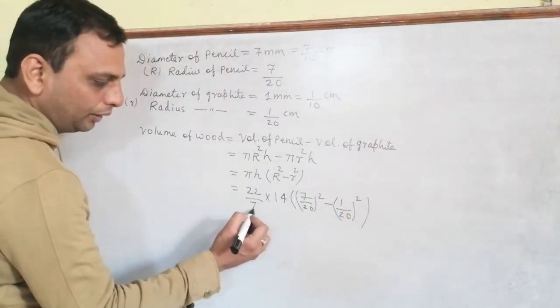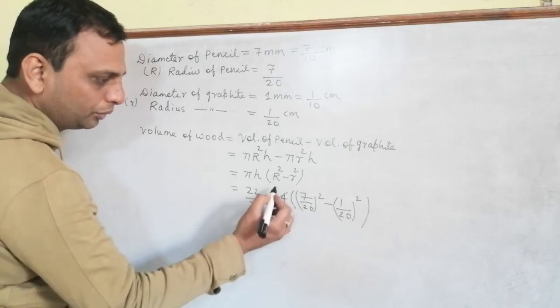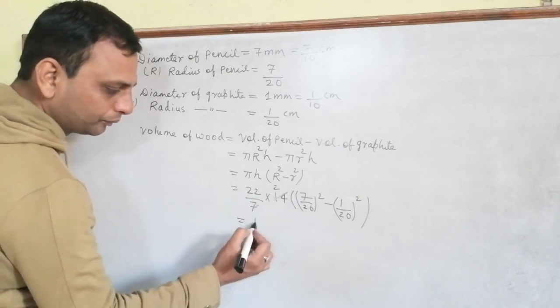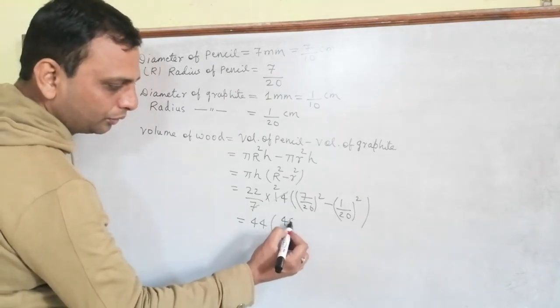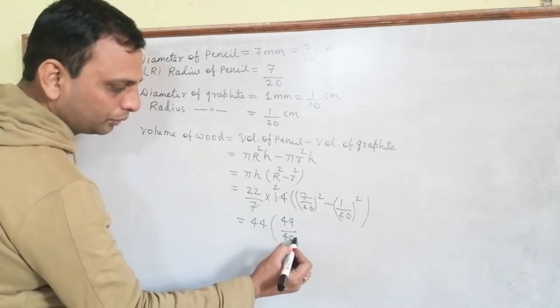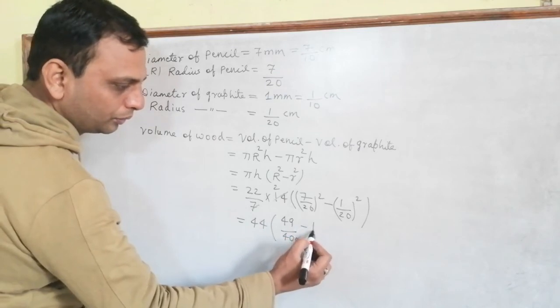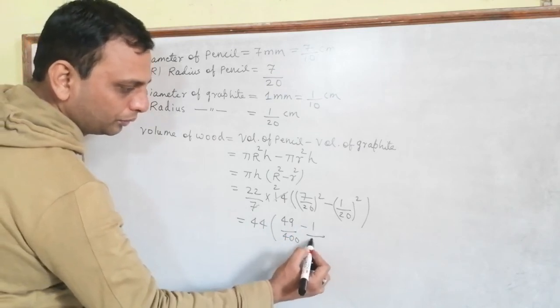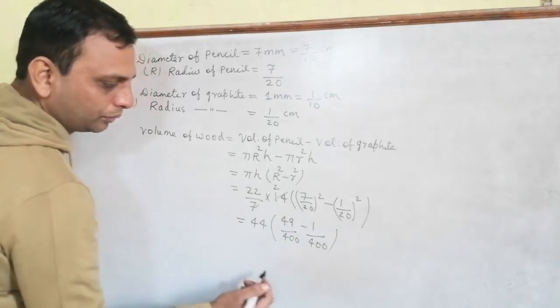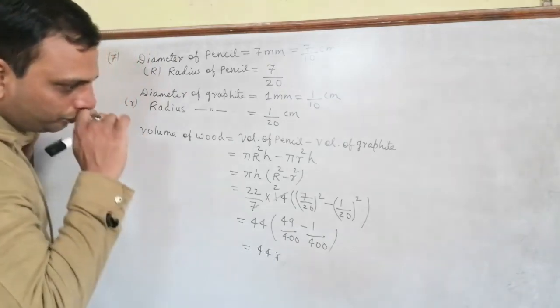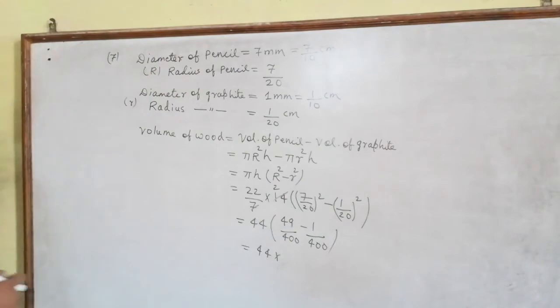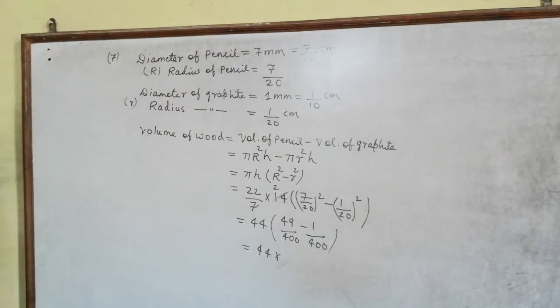Seven will cancel with the 2. Seven square is 49, so 48 upon 400.